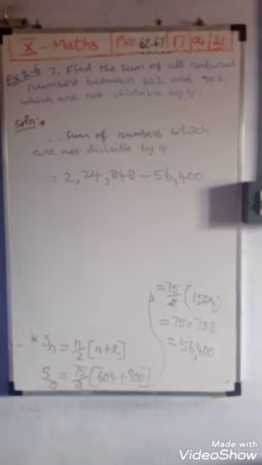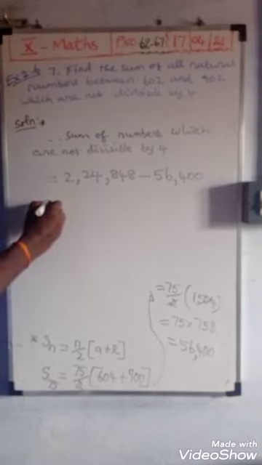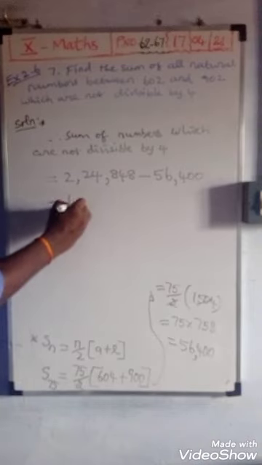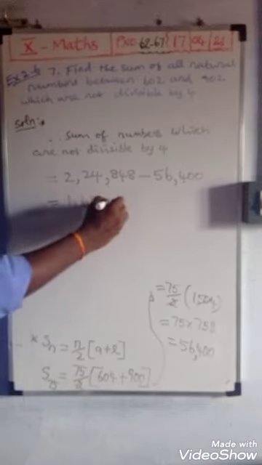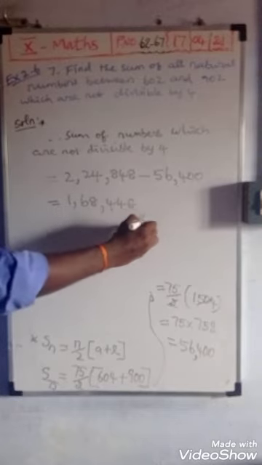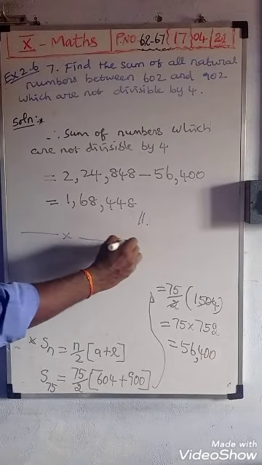When you subtract, we will receive as the answer 1,68,448. So this is the final answer.